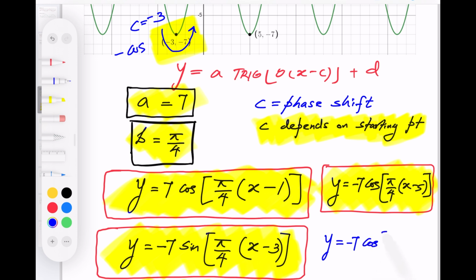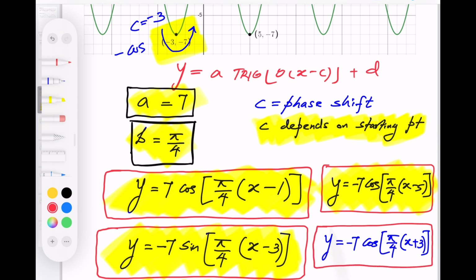Cosine, brackets, b is pi over 4 for this function, x minus negative 3, which simplifies to become x plus 3, close parenthesis, close brackets, and d is equal to 0. So this is the equation of this sinusoidal function using the point negative 3 comma negative 7.